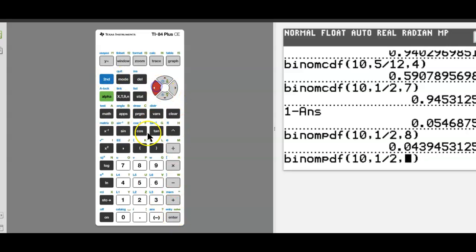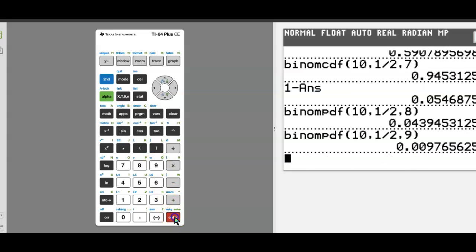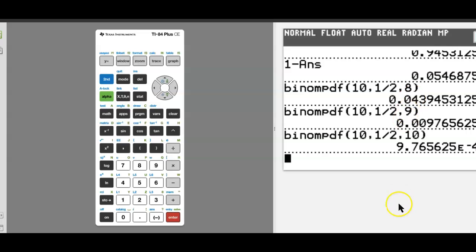Bring that down and make this a 9, and then bring that down and make this a 10, and then add those 3 up.